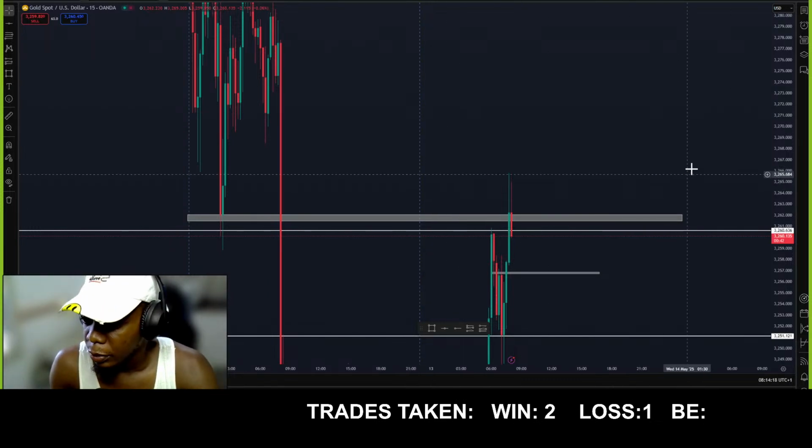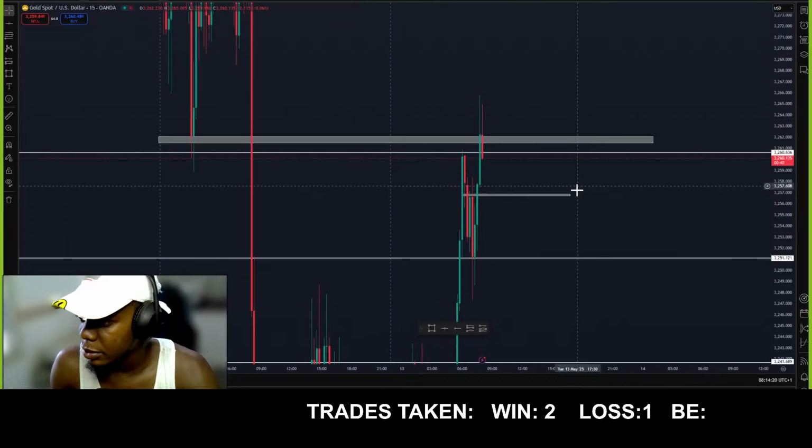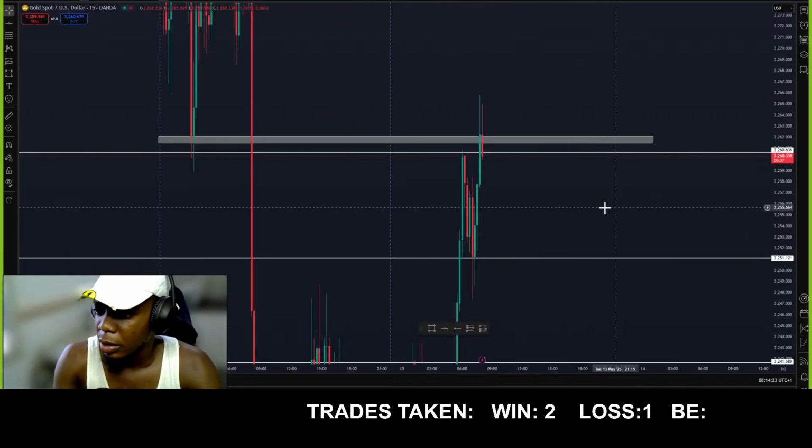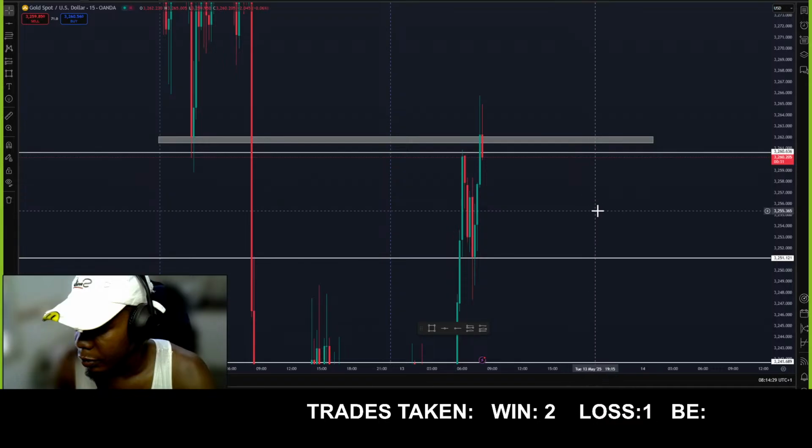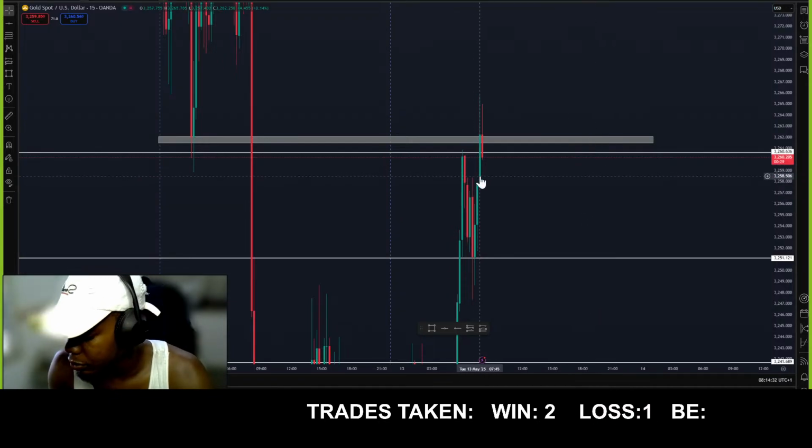But if anything, looking at the whole structure, I think it's going to play out for sells, probably a fake out. But let's wait and see how it's going to close.